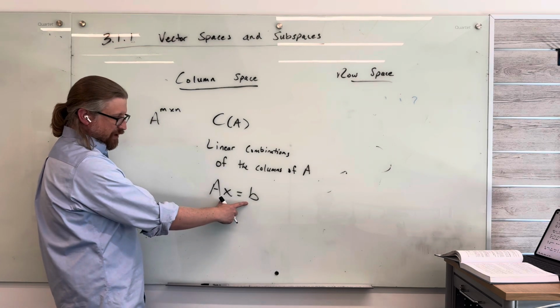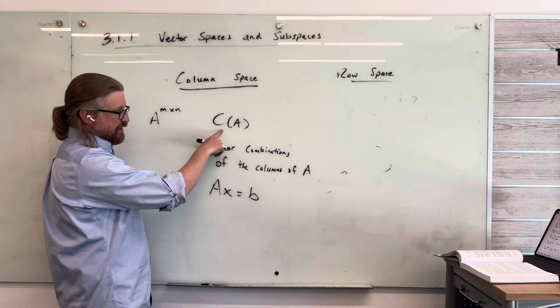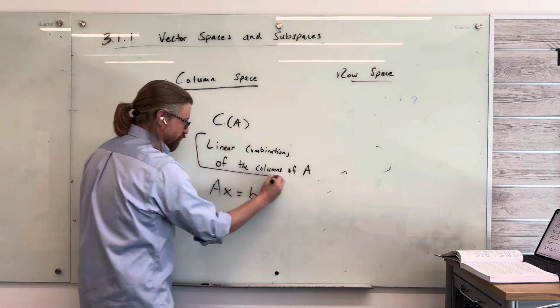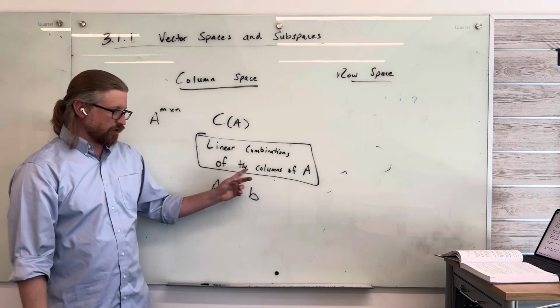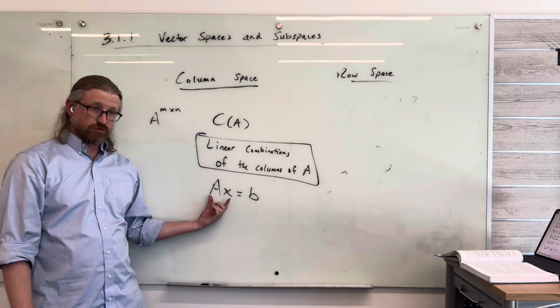And the only time that this would have a solution is if B is in that column space. Because again, when we talk about the column space for a matrix A, we're looking at the linear combinations of all of the columns, and that's what AX is doing.